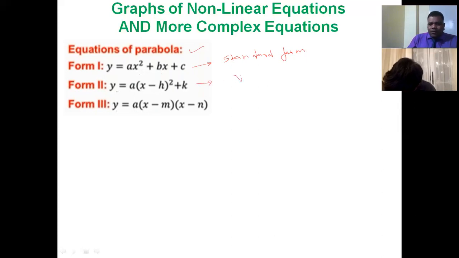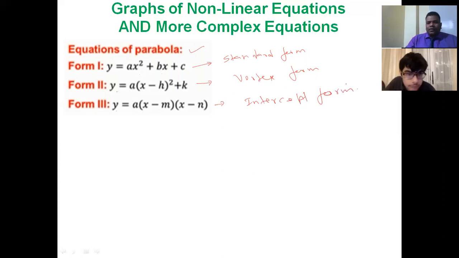The second one is called the vertex form, and the third one is called the intercept form. So we are going to discuss the parabola in three formats: standard form, vertex form, and intercept form.